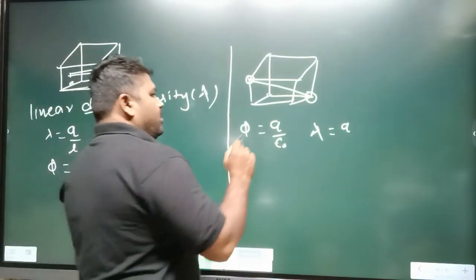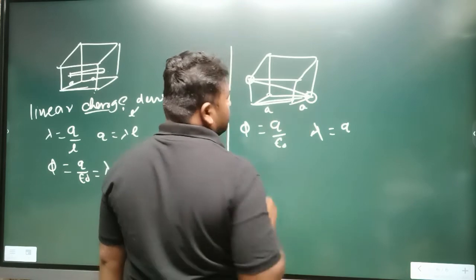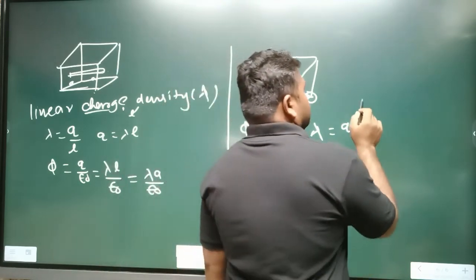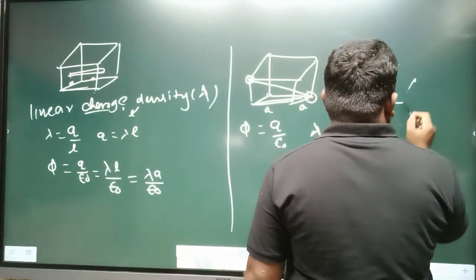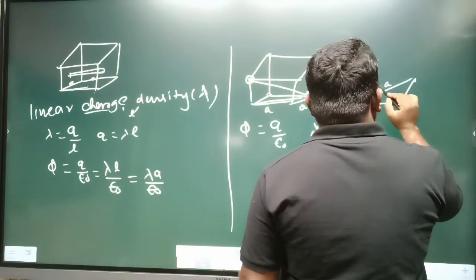This one is A, and in between this becomes root 2 A. Yes or no? Root 2 A.